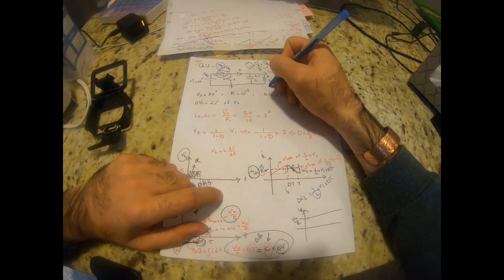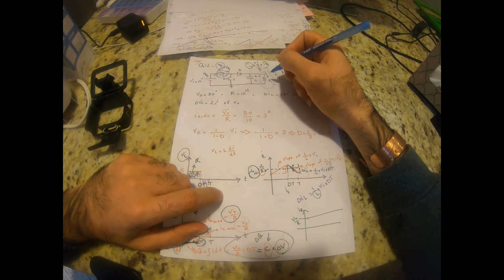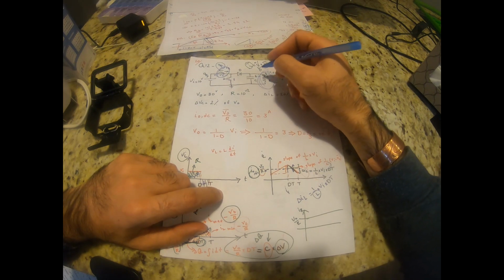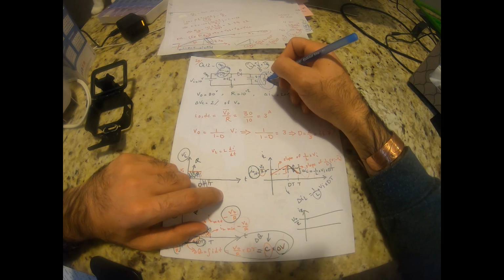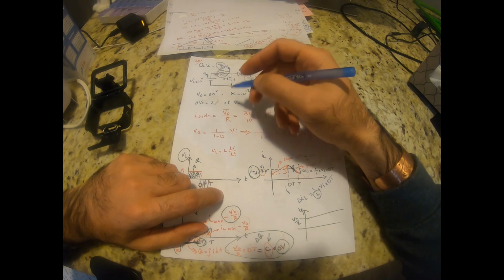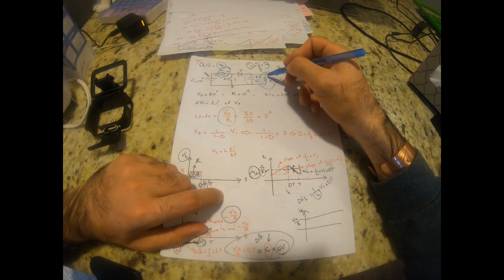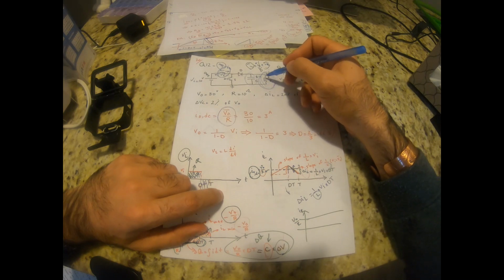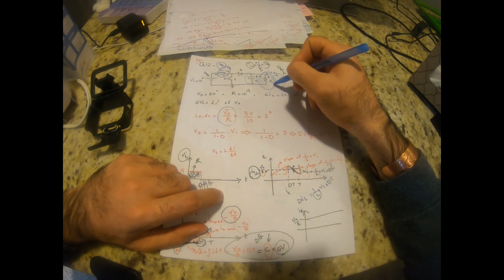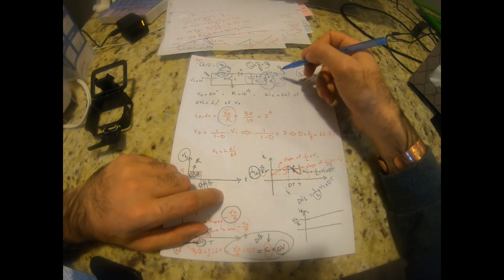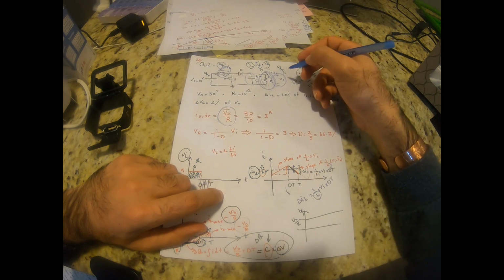One thing about the boost converter is that the current that goes through our load, because we have a capacitive filter here, we can assume that it's always VO over R, and VO is usually specified as the output voltage you want to have.